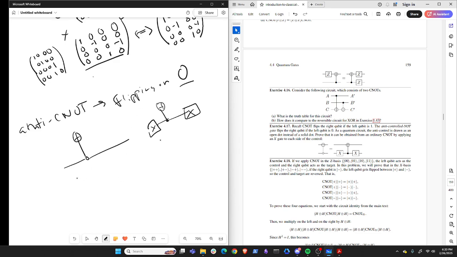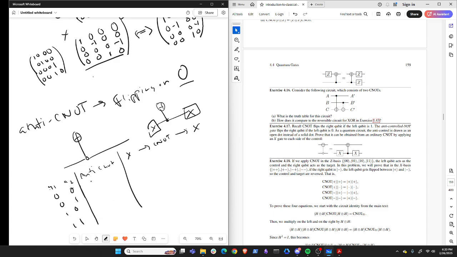Again, we can just show that. I worked through this example today, and I like this one. So we say anti-C0, and then X, C0, X, and qubit 1, qubit 2: 0 0, 0 1, 1 0, 1 1.